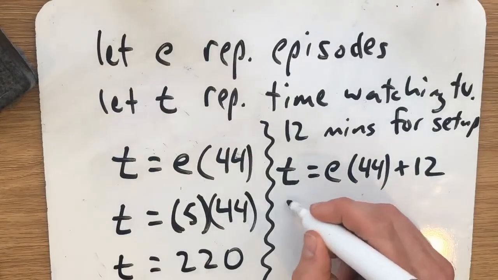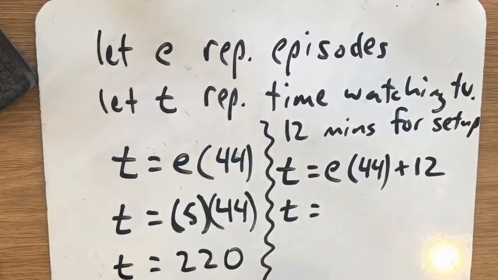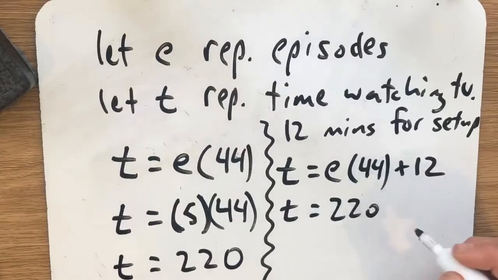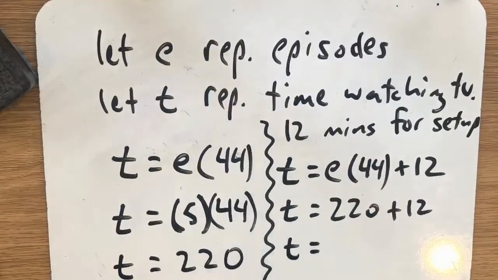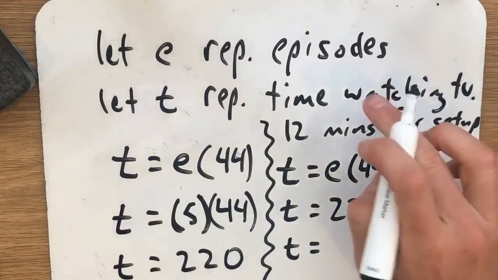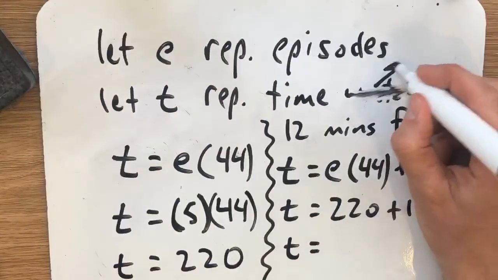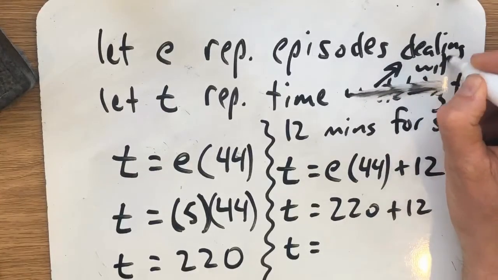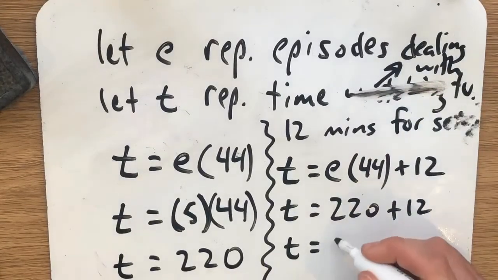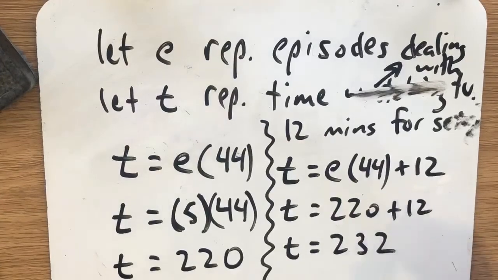So then when I solve, I go through, I watch for 2 hours, 20 minutes, plus 12. Time I spent, I guess it's not spent watching TV, but time spent dealing with TV is 232 minutes.